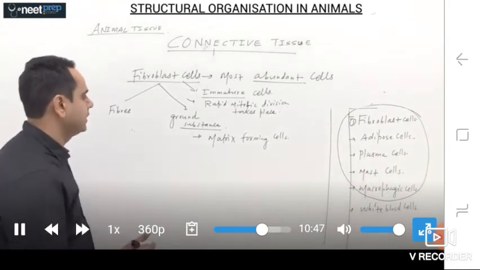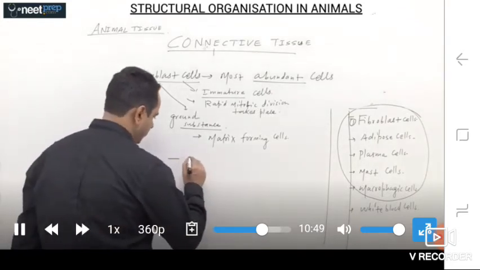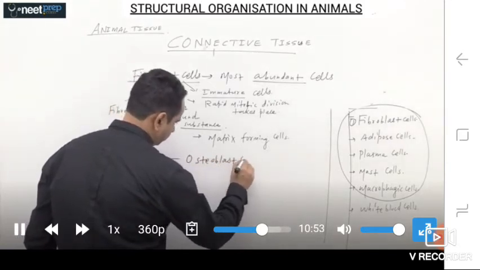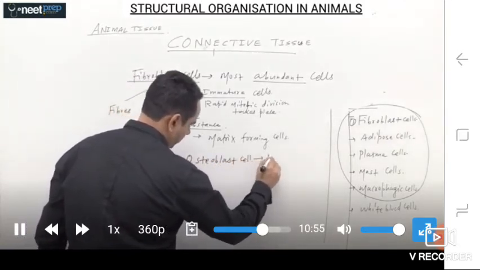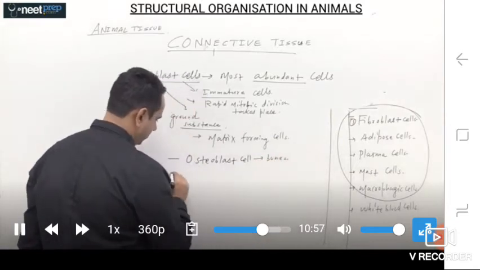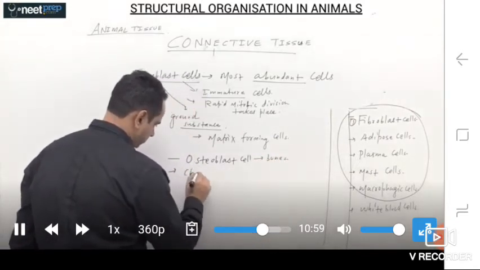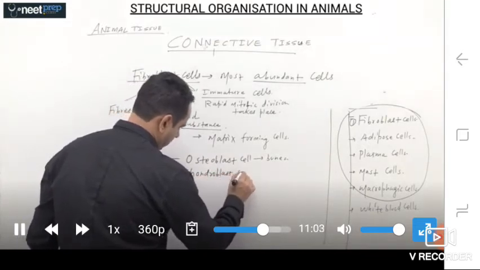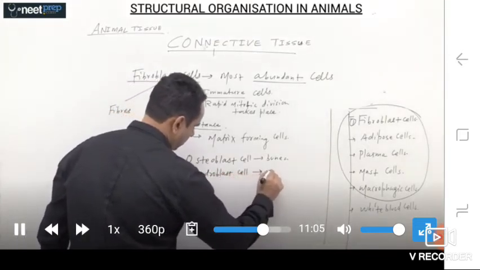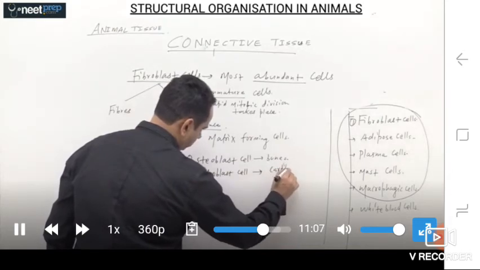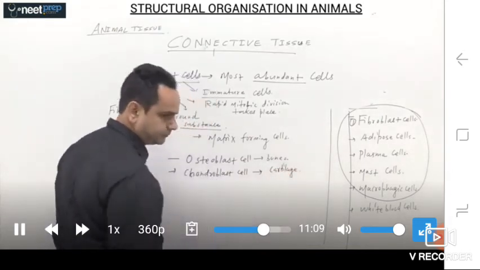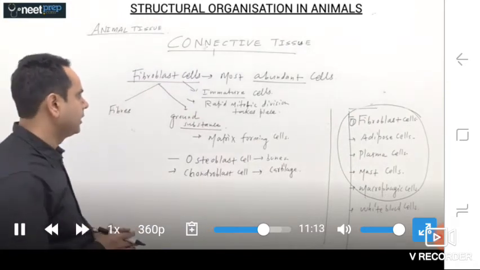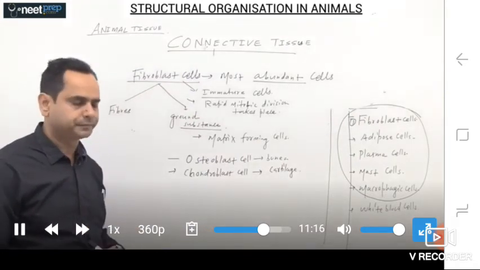And these fibroblast cells only differentiate into osteoblast cells in bones and chondroblast cells in the cartilage. That's fine. So remember all this information regarding fibroblast cells.